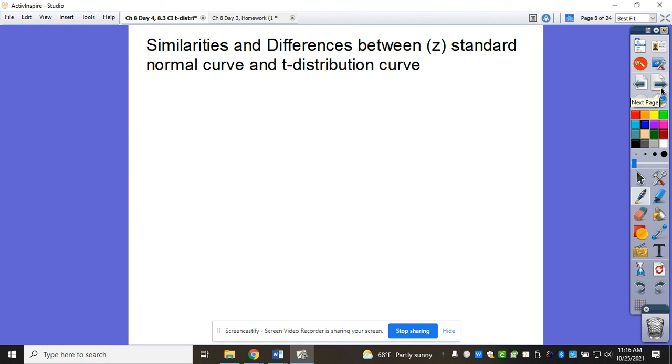So what's similar about them? They're both approximately normal. You're still using a normal approximation for both. What else? What about the curves themselves? Both bell-shaped.